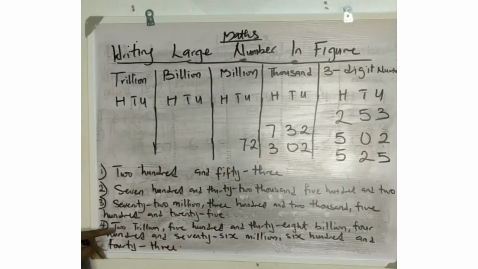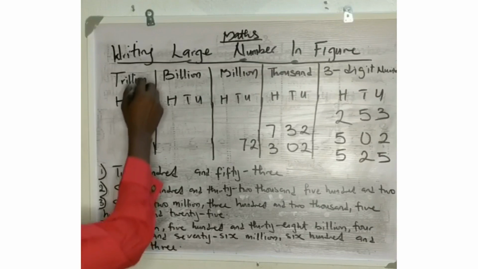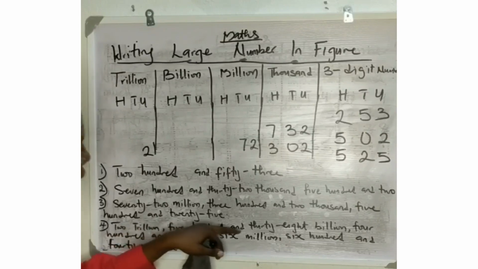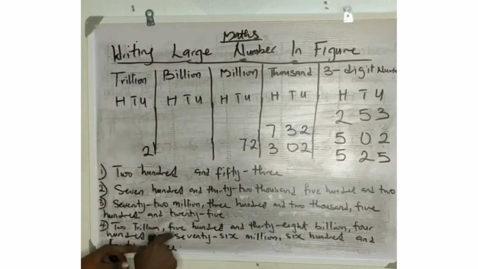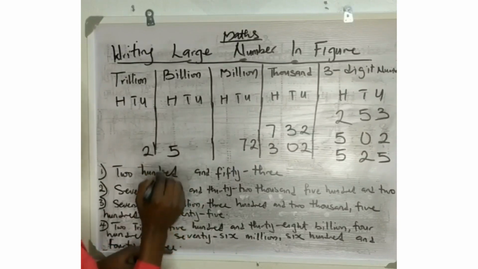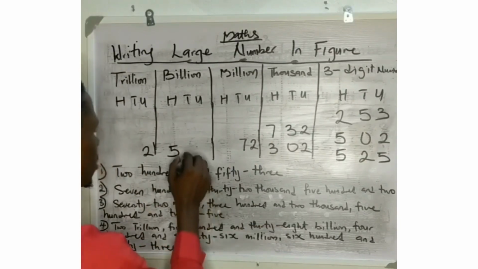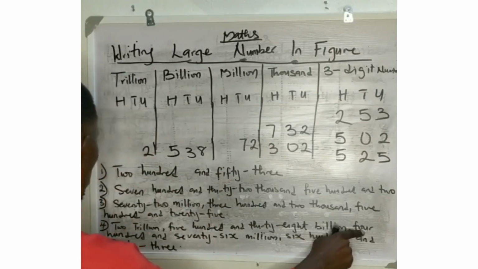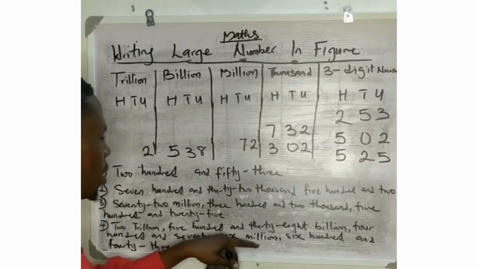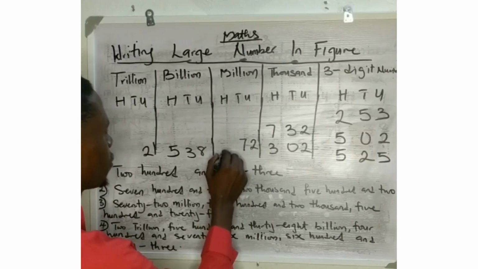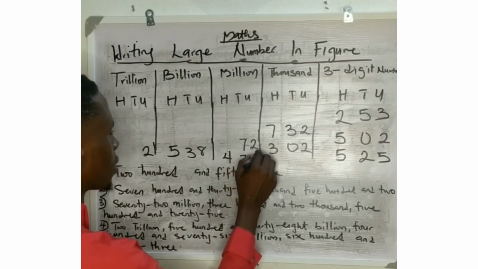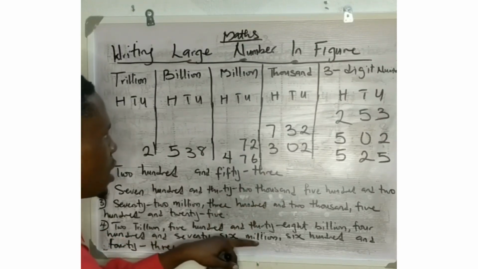Number 4 is telling us 2 trillion. You look for trillion. Where is trillion? Trillion is the last. 2 trillion, you look for the unit down, you write 2, that's 2 trillion. 538 billion. So let's look at 500, 5 under 100, and 38. Before we now have billion under billion. Now 476 million. So we have 4 under here, 476, 76 million.